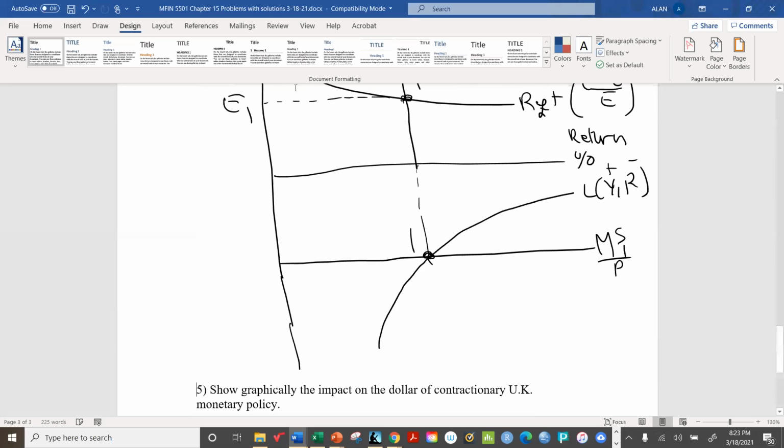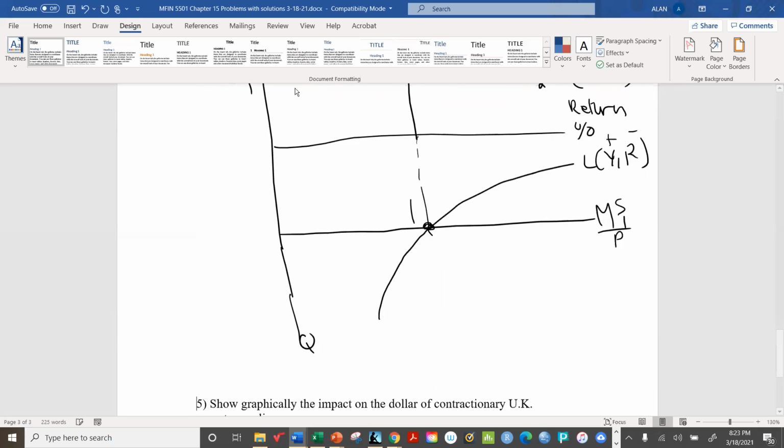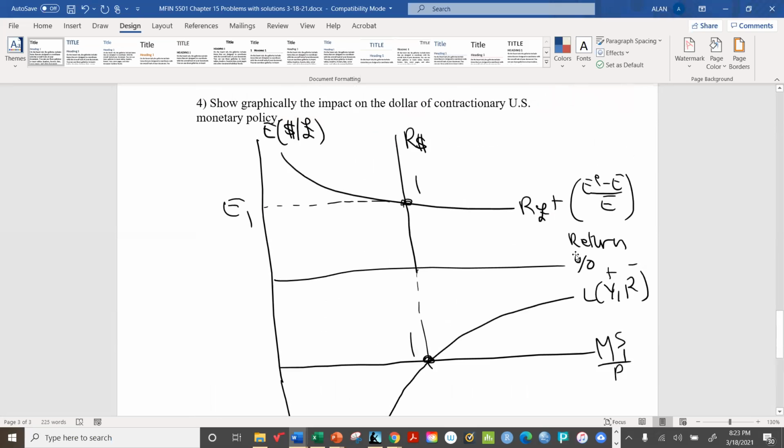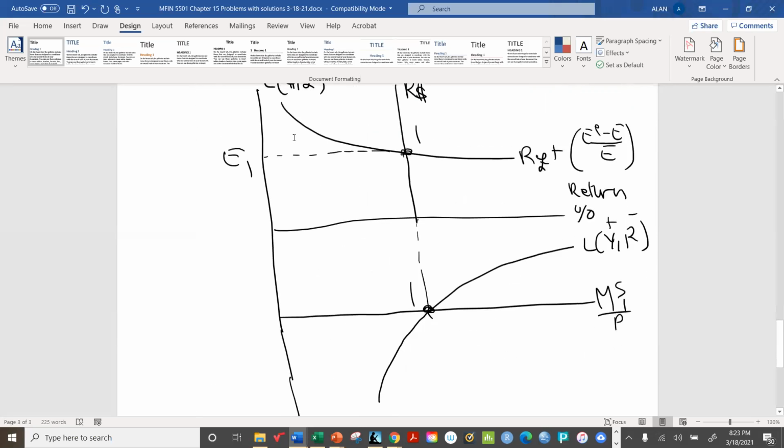Okay, so this is our equilibrium position. What we have to do is change that by engaging in expansionary monetary policies. Oh wait, I'm sorry, I got it backwards. It's contractionary. I almost blew it. I don't want to go through this again, if I can help it.